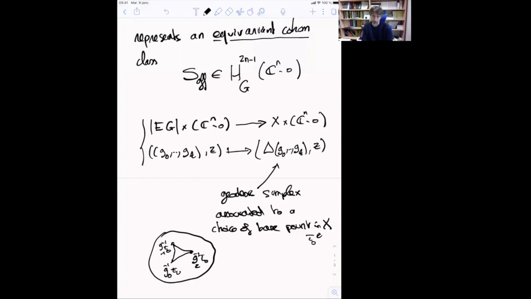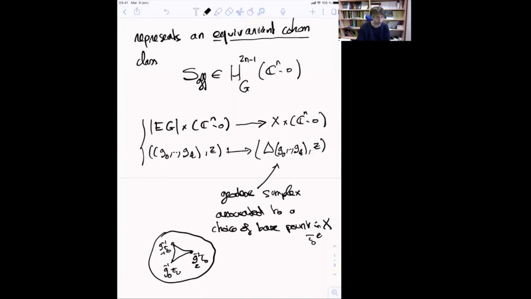on the left hand side, and now I have a closed form on X cross C^n minus 0, so I can integrate on these simplices, and that's how I build my cocycle. So in other words, that's how I build the cocycle, which is now a simplicial differential form.